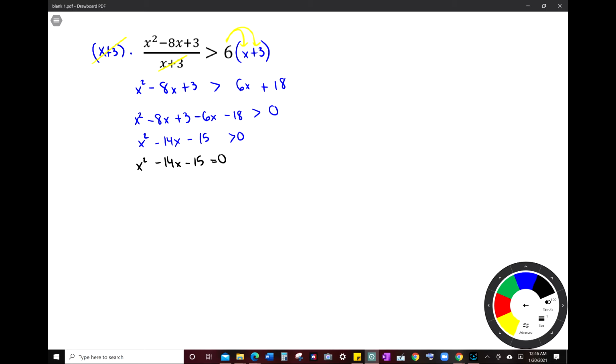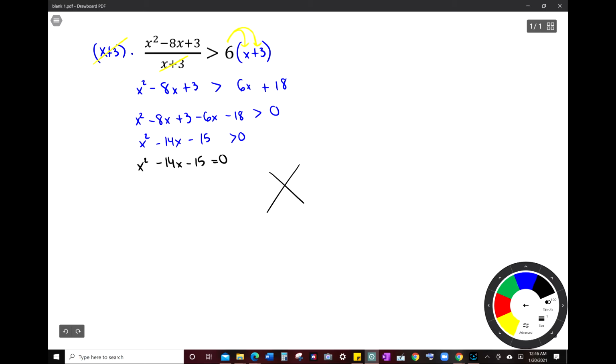And I noticed that this quadratic function is factorable. So on the side I'll do factoring. Factoring means I take the last number as negative 15 and the middle number is negative 14. So now I have to look for the two numbers that multiply to get the top number, which is negative 15, and adding up to get the bottom number, which is negative 14.